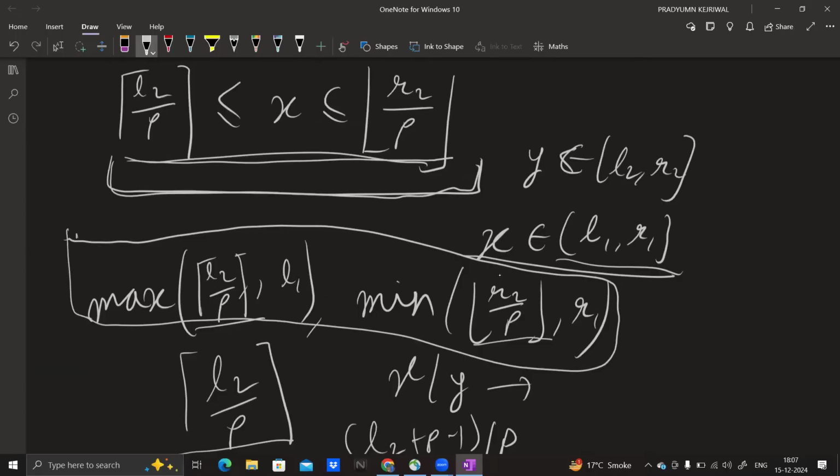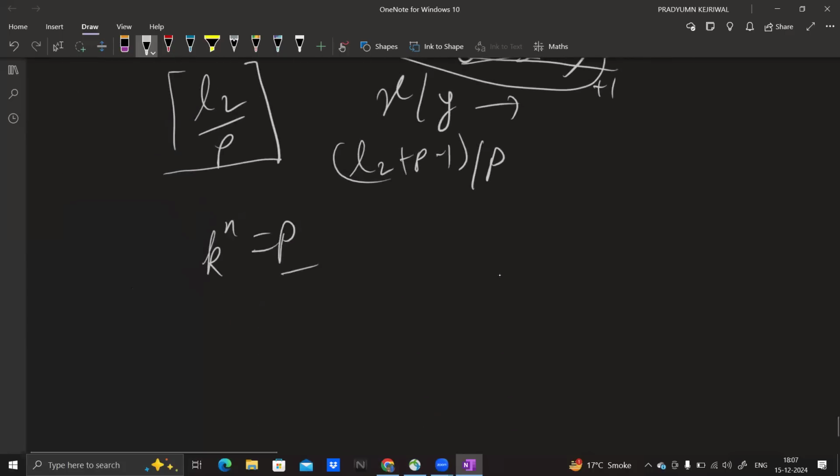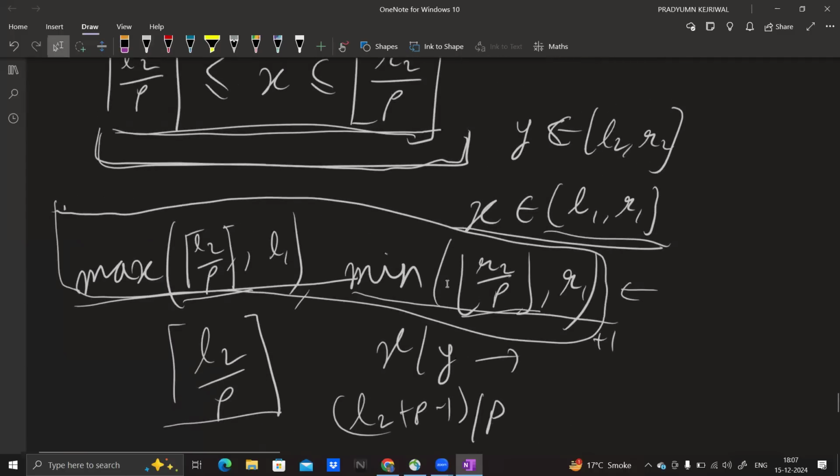So for a certain p, the number of pairs would be this minus this plus 1, because the number of numbers from L to R is R minus L plus 1. So for a certain value of p, we got this answer, and we just iterate for all the values of p and add up to get the final answer.